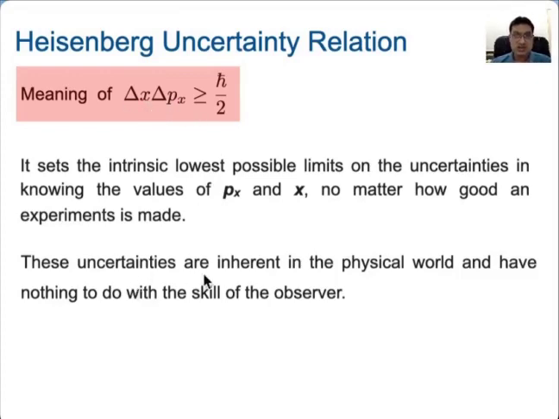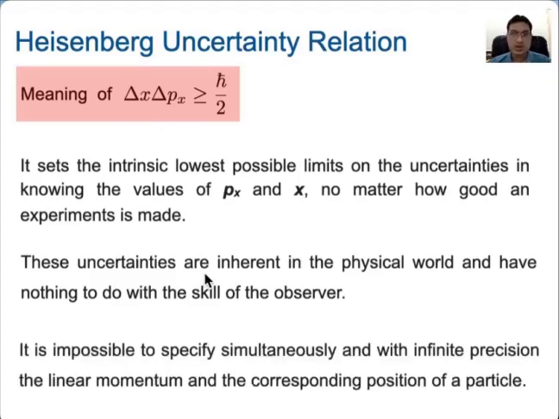These uncertainties are inherent in the physical world and have nothing to do with the skill of the observer or the experimental conditions or the quality of the instrument. So it is impossible to specify simultaneously and with infinite precision the linear momentum and the corresponding position of the particle.